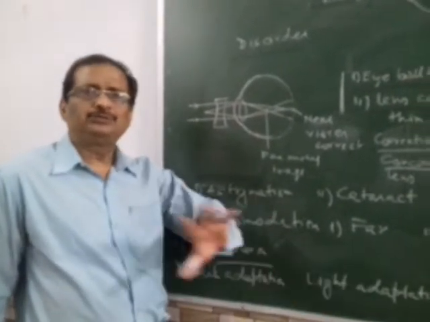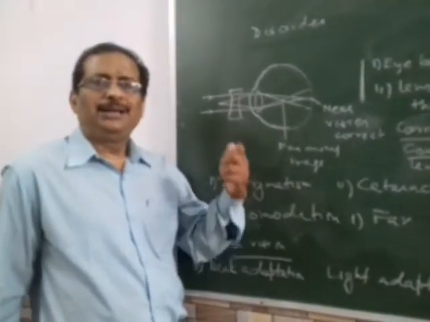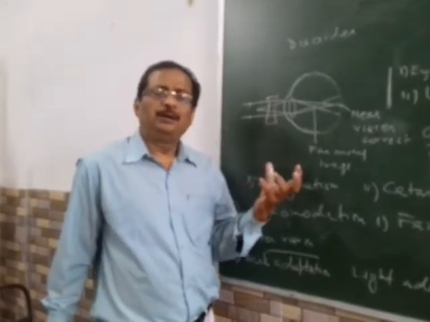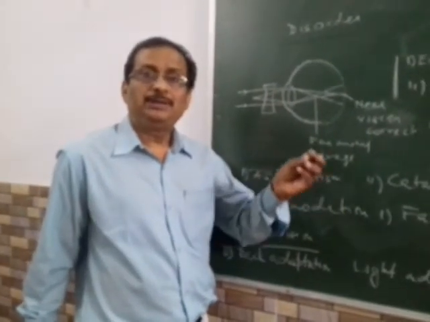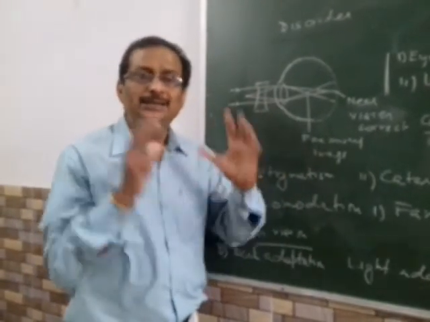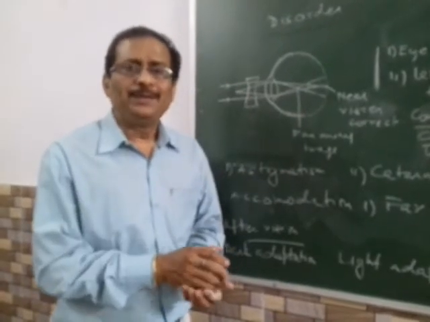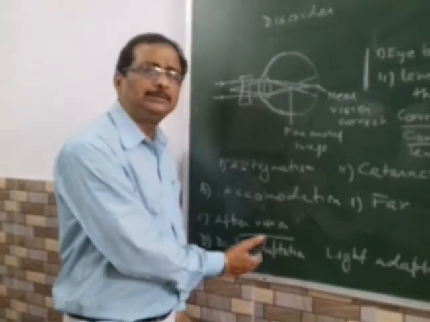In light adaptation, you have to tell that the rhodopsin gets bleached, and also the pupil, which was wider, cannot become narrow quickly. So that's why more light enters the eye, and that gives a feeling of more light in the eye.